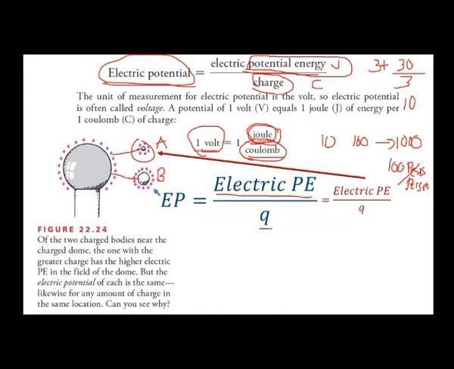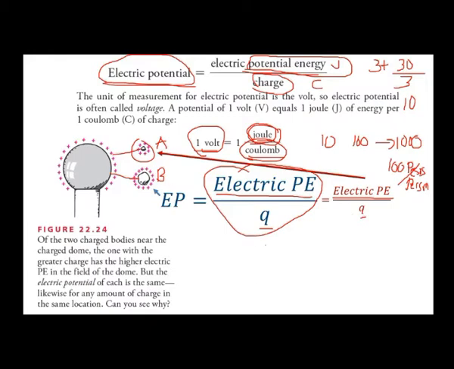However, they also have a greater number of particles. So we have greater number over greater number compared to this one. So this one has less energy, but that's because they have less number of charges. So both of them have equal electric potential.